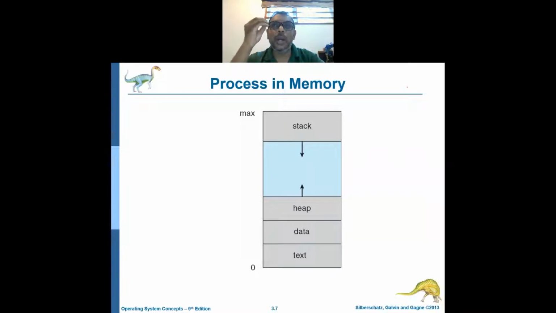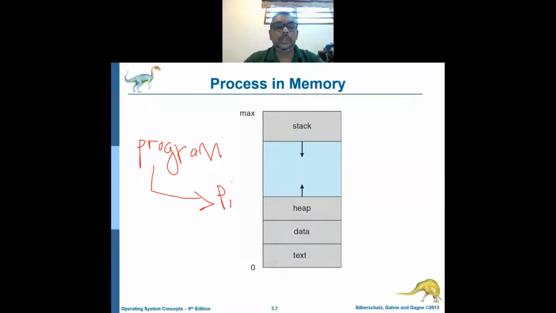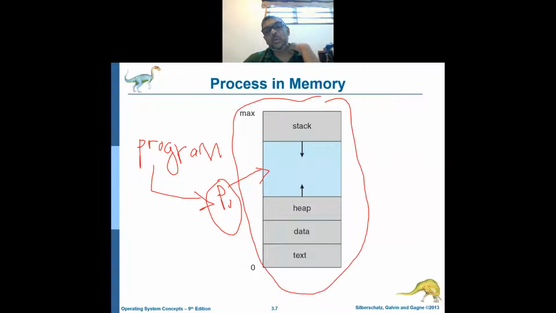So one program file has one process. Example here. So this process is brought inside the memory, and all of this information belongs to one particular process. So let's say we have two processes.